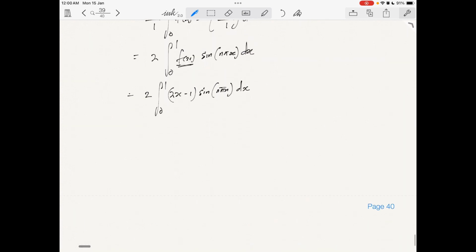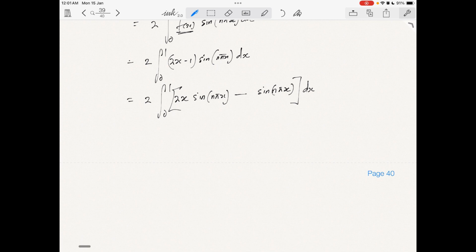If we open up the bracket, we have 2 integral from 0 to 1 of 2x sine n pi x minus sine n pi x dx.